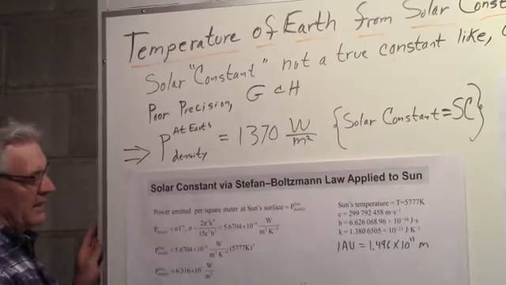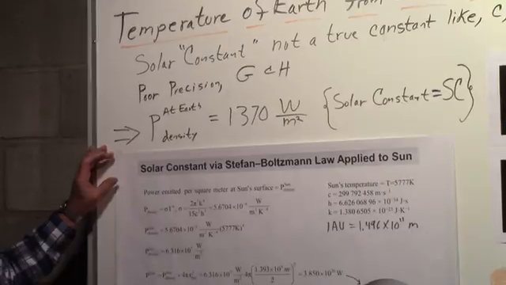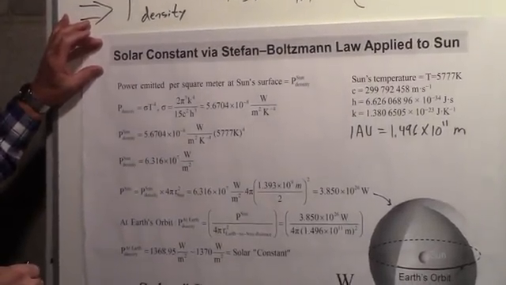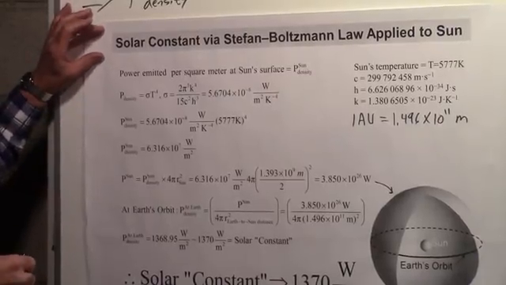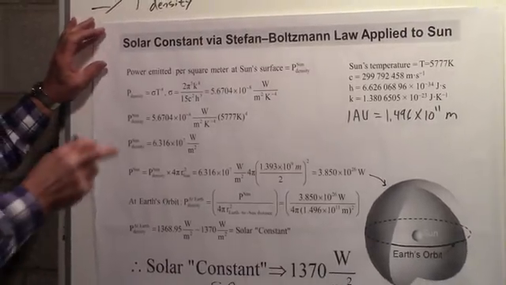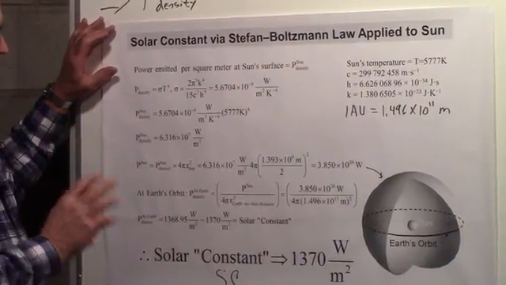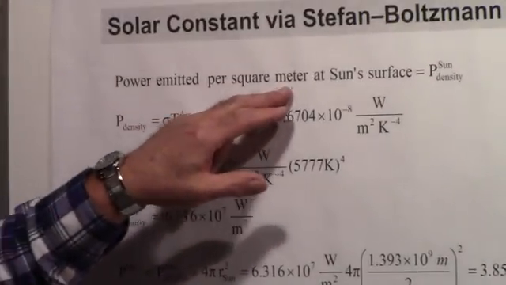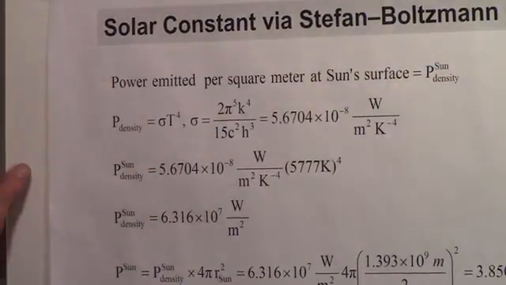We did an older talk in which we used the Stefan Boltzmann Law, applied it to the sun to find out what the solar constant was. And so I just want to give a quick review here of what we did. We're going to say the power emitted per square meter at the sun's surface is P sun sub density.